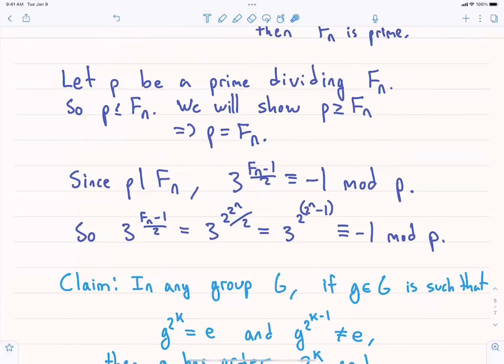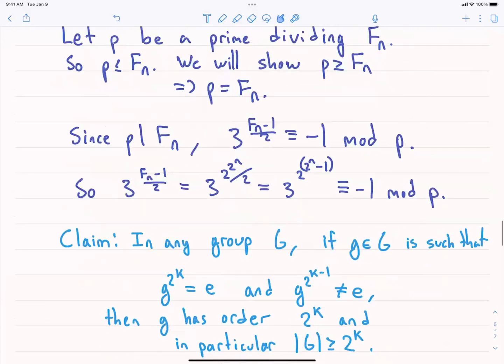And then if I simplify and think carefully, this is 3 to the 2 to the 2 to the n - 1, and this is congruent to -1 mod p. So we're just substituting the formula for the nth Fermat number to get this. The important part is I'm taking this element 3 and raising it to some power of 2. Okay. So next I'm going to use a very general fact.